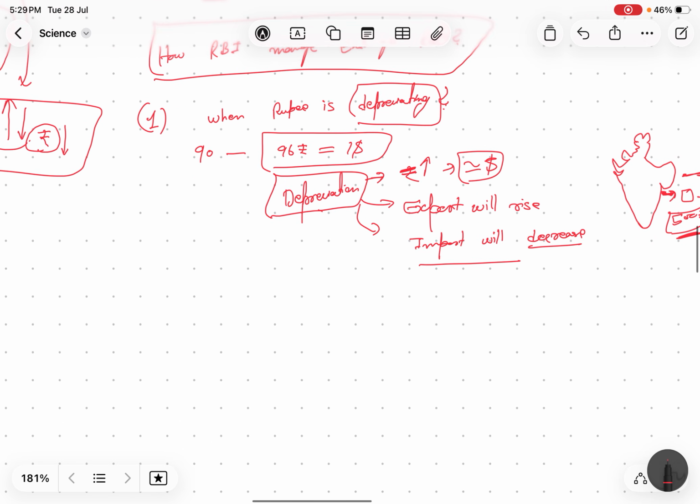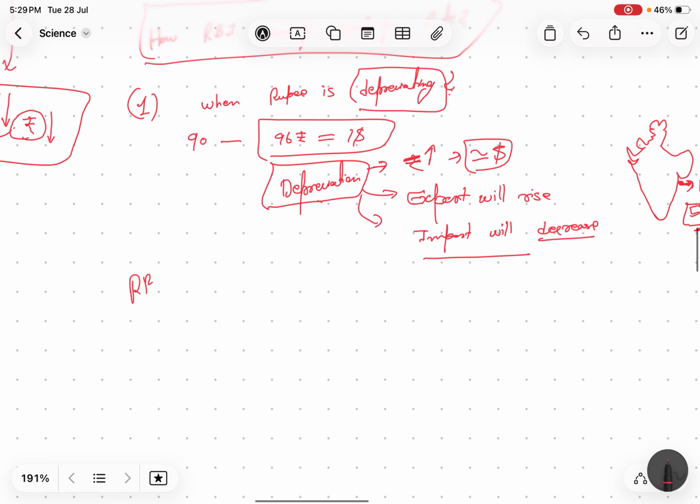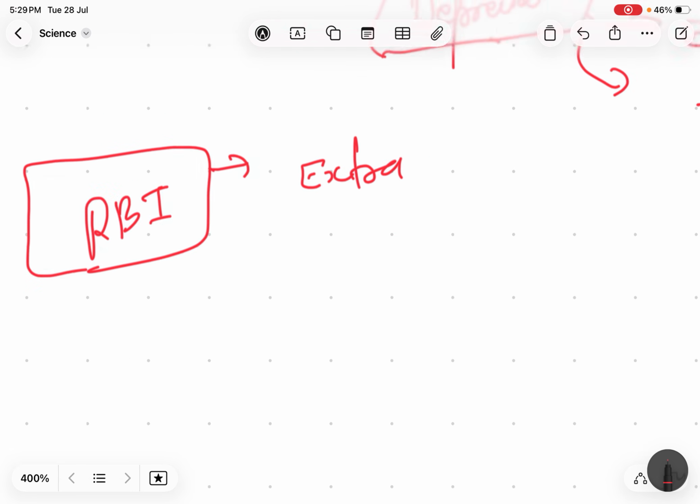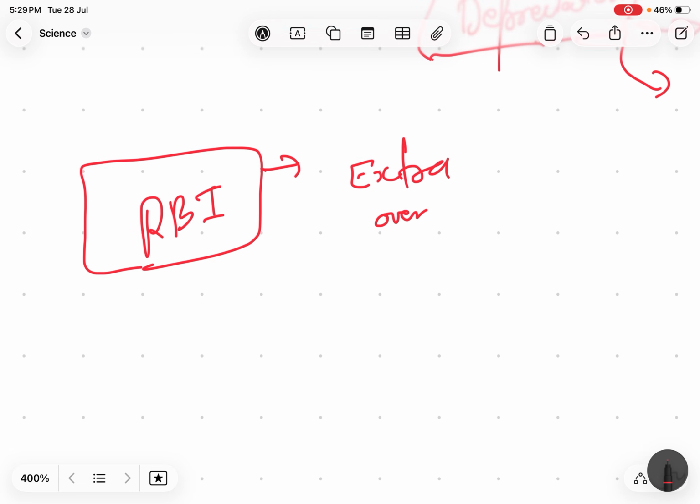So now understand how the RBI manages all these things. See, I told you the simple concept. What was it? That the demand for the dollar makes it appreciate, and the losing demand or the extra supply, oversupply, of rupees.